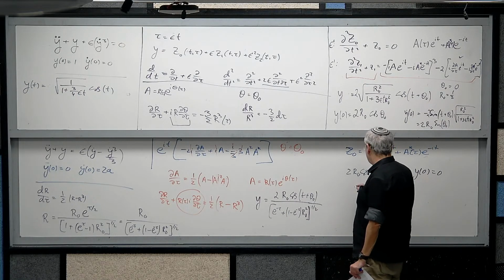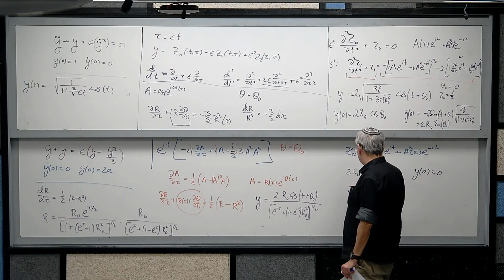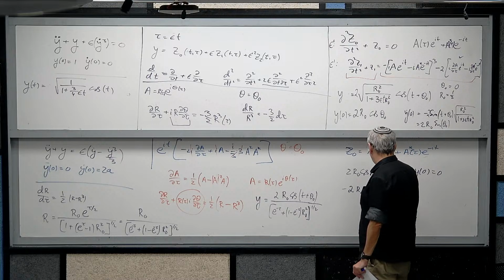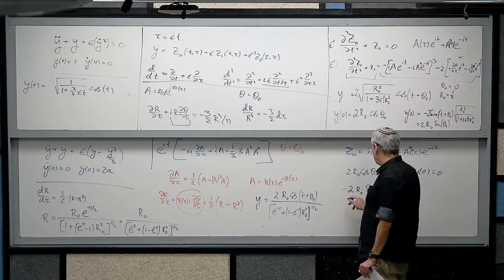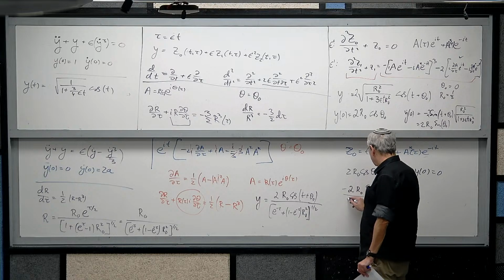And what about y dot of 0? Y dot of 0 is 2r naught times minus sine of t plus theta naught, divided by this denominator, right?